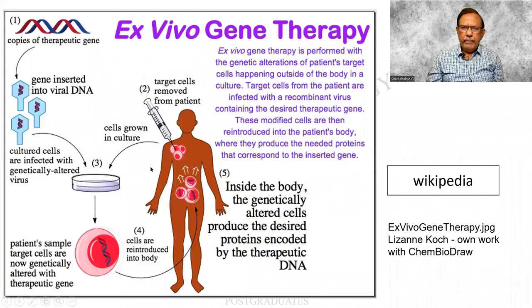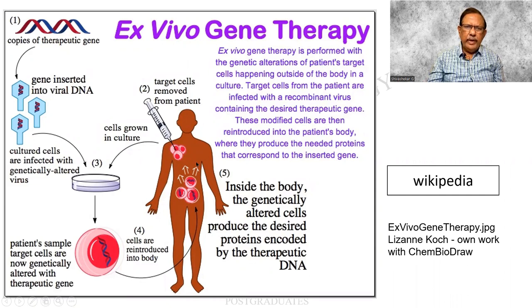Ex vivo gene therapy. This is a beautiful chart and this is a reference for it thanks to Wikipedia. So kindly follow the sequence of my talk. There are copies of the therapeutic gene. The genes are inserted into the viral DNA. So this is one. And then they are put in for culture.